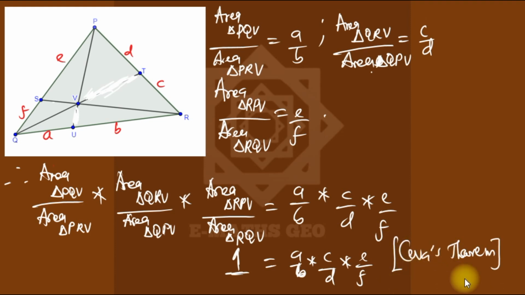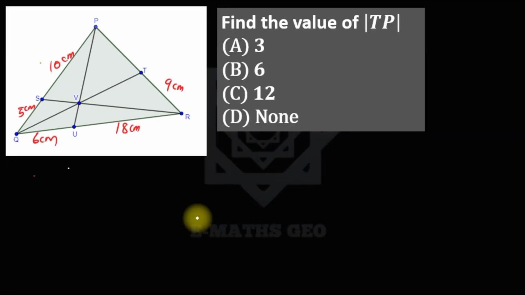Let's use it and solve just one question. Looking at the diagram, you will notice that we are given the segments of each of the sides of the triangle, so we're going to use Ceva's theorem.